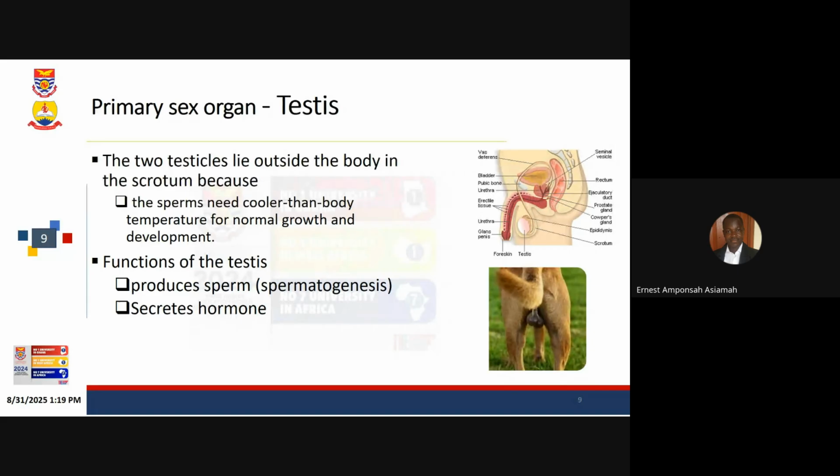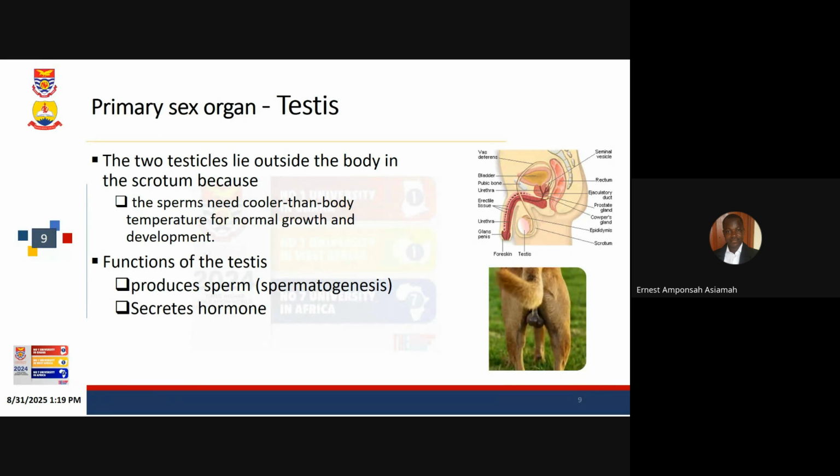Spermatogenesis should be regulated. The cells can't keep on dividing. So there should be a signal from the testes to tell the brain, please hold on with regard to stimulating spermatogenesis.